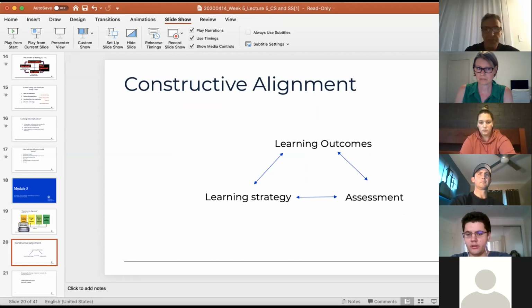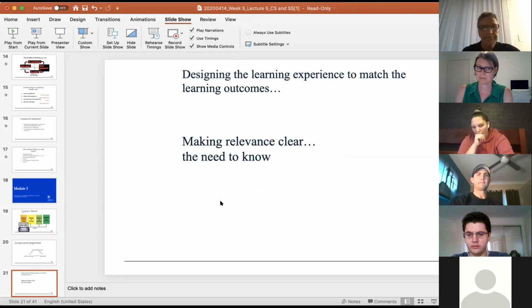That all needs to be together. You'll do your learning outcomes and assessment, then you do strategy, and you might cycle around that a few times. Designing the learning outcomes to match the learning experience to match the learning outcomes is important.